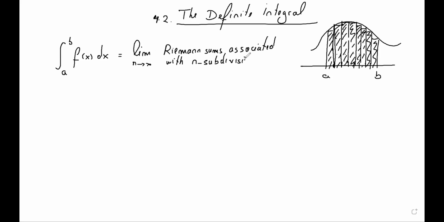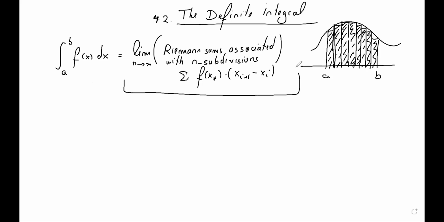I'm not going to write what these Riemann sums are. They were sums of things like f of x star times x_{i+1} minus x_i or something like that. It's not that relevant. So it's the areas here.